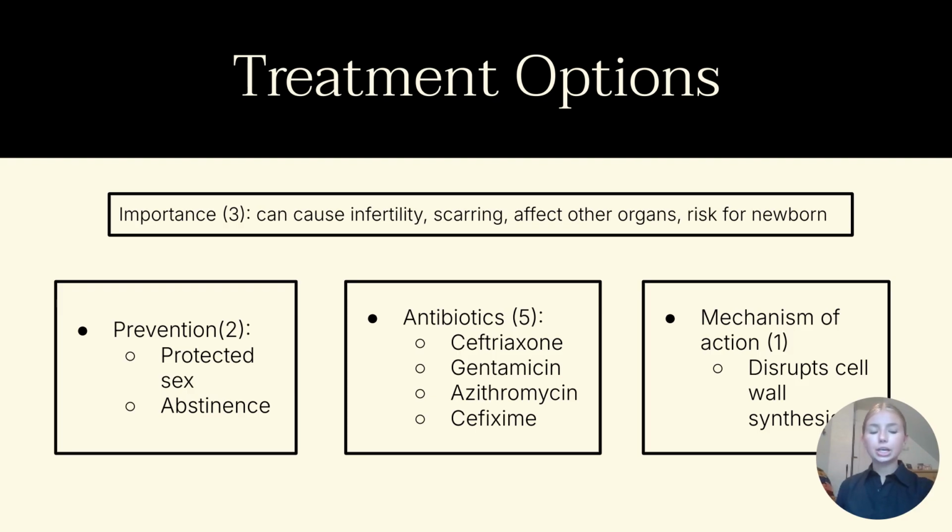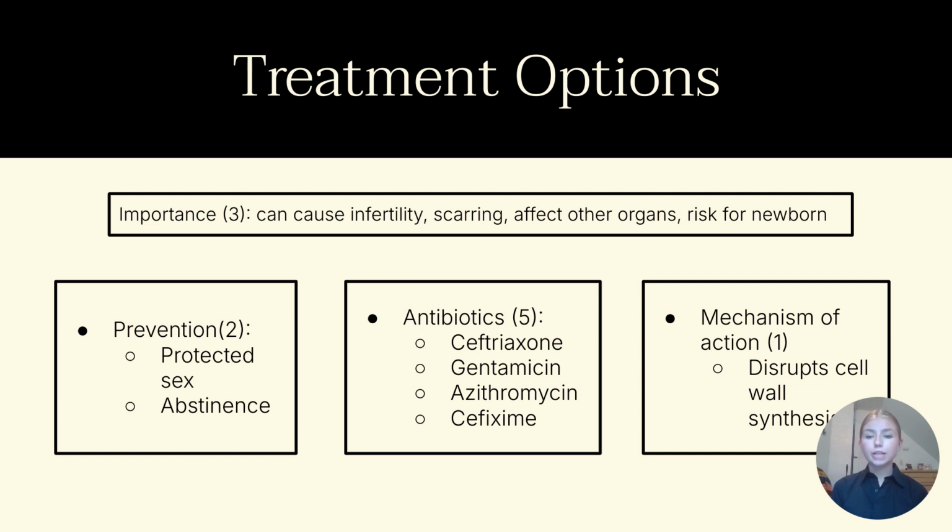The CDC, or Centers for Disease Control and Prevention, is a reputable public health institution. They have noted various ways that a person could prevent themselves from getting this disease. The first way includes to have protected sex. Different ways to ensure this is through utilizing condoms or dental dams during sexual activities.